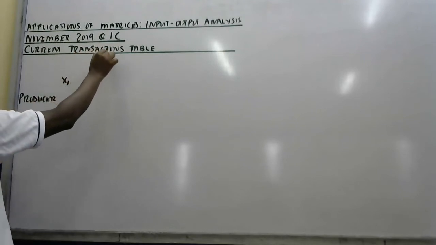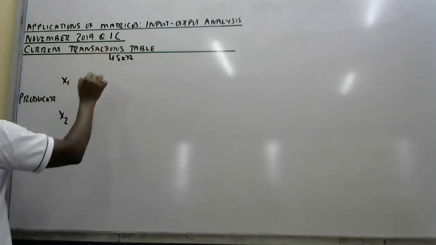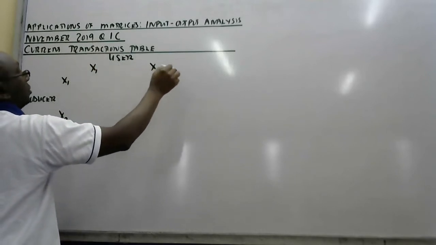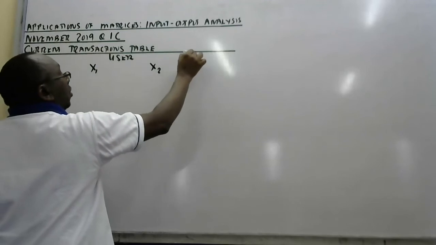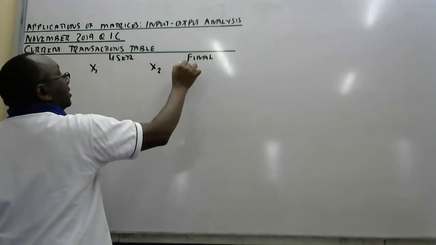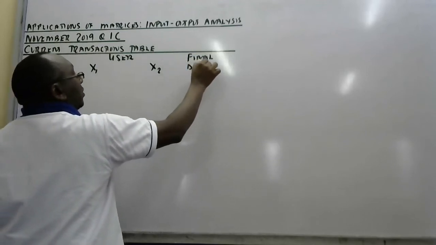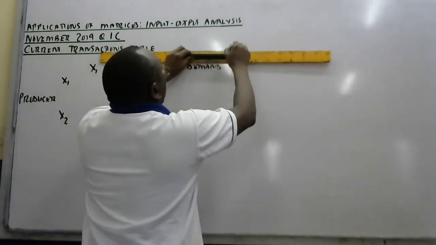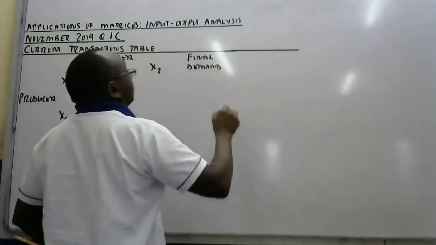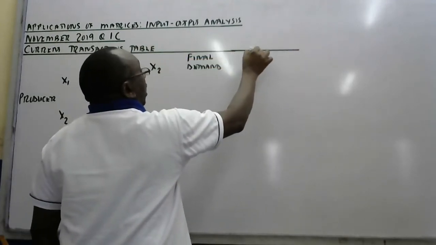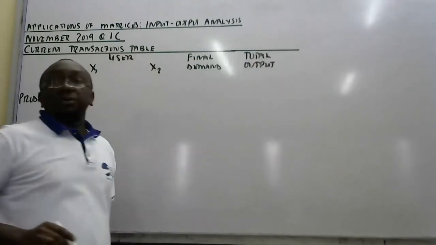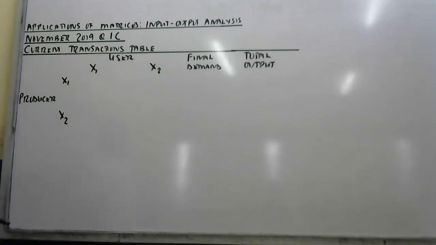Then we have the user, X1, then X2. Then we have what we call final demand, and then we have total output.